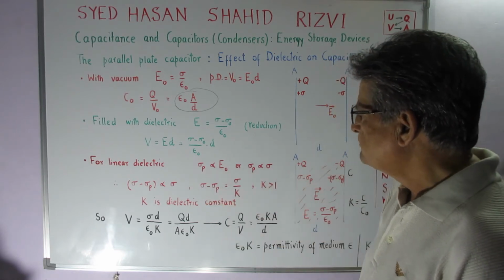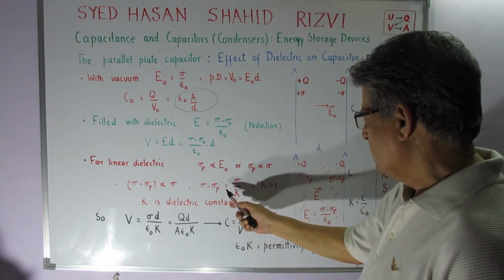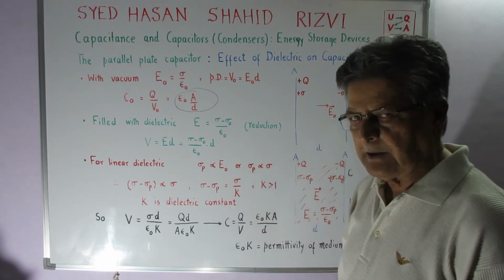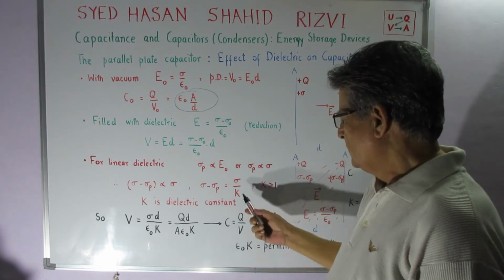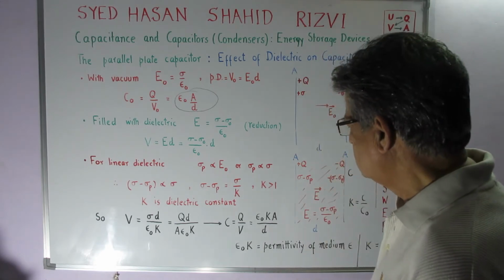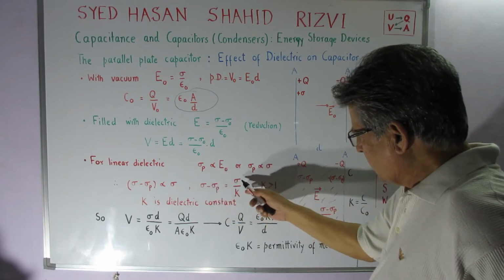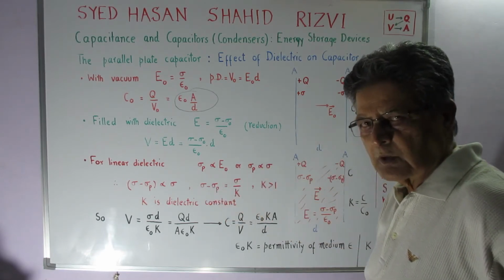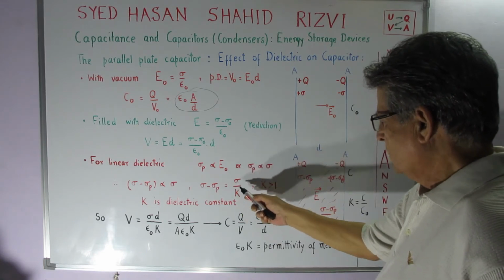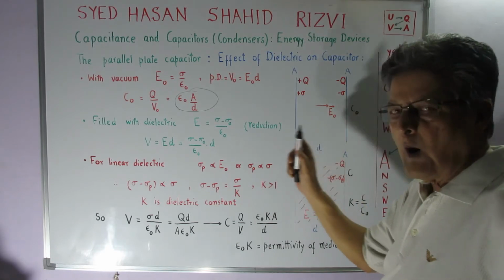Or I can write sigma minus sigma P is equal to sigma upon kappa K. Also we use capital K or kappa, the Greek term. Now this quantity is less than this quantity, because it has reduced, so K has to be greater than 1.